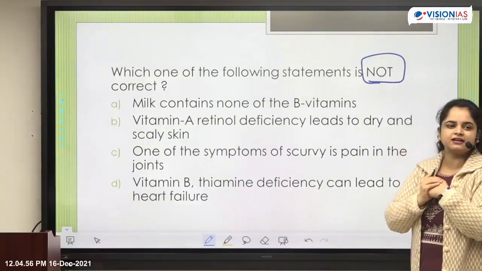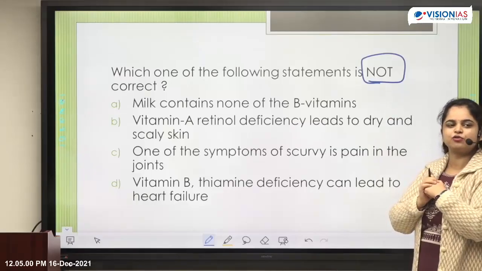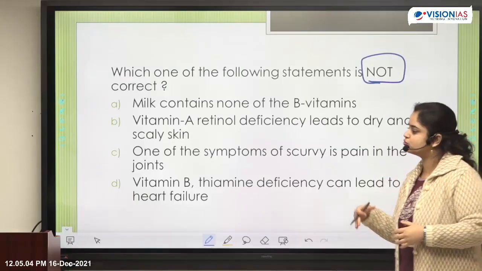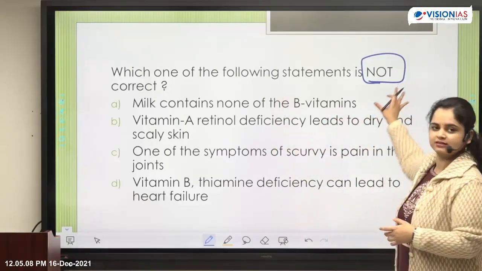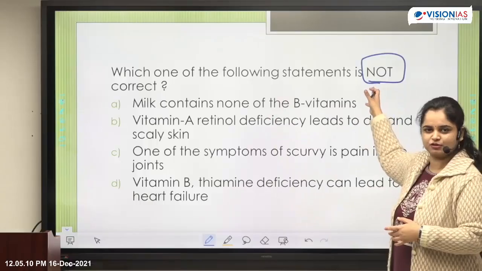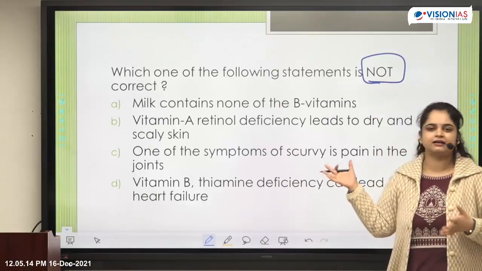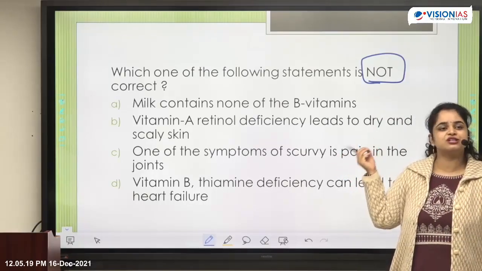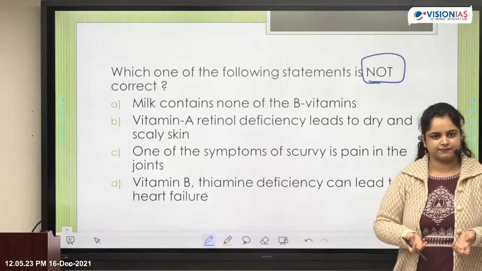Even on the final day of the exam, people make this mistake, missing out the not, because in most questions it is the correct statements. You are so used to finding out the correct statement that the not doesn't register. That's why I put it in capitals also here. You have to find out the incorrect answer here, and you need to consciously register in your mind that this could be asked like this.